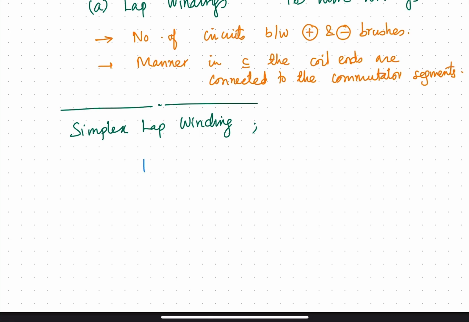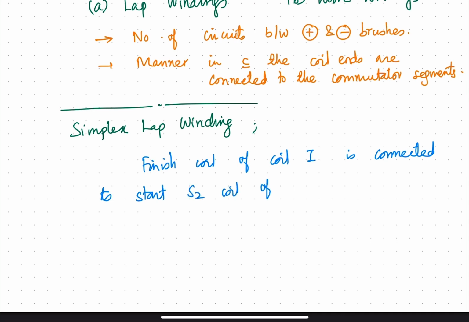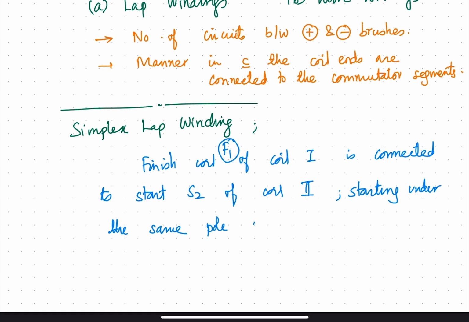The finish of coil number 1, we call this finish F1, is connected to the start S2 of the coil starting under the same pole as the start S1 of coil 1.